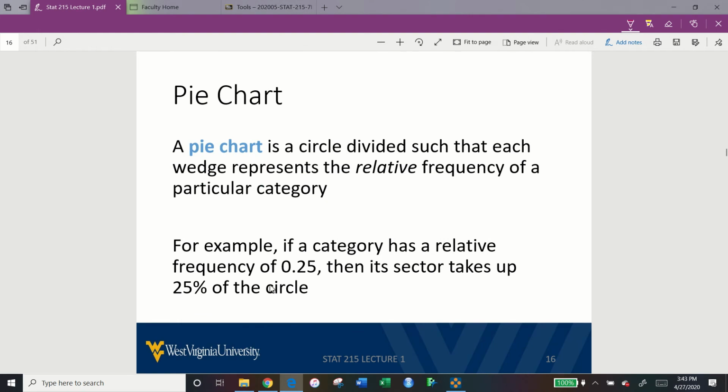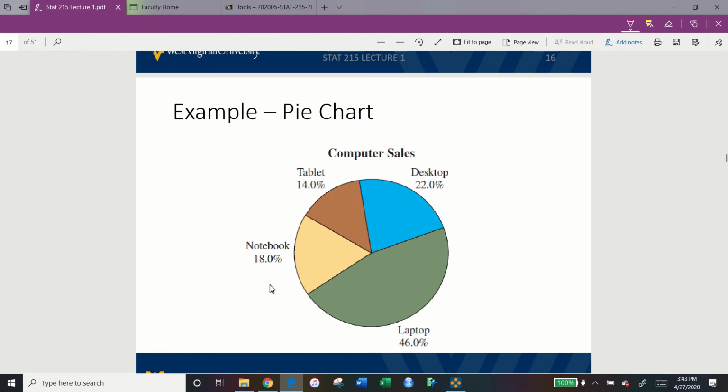So a pie chart is a circle divided such that each wedge represents the relative frequency of a particular category. For example, if a category has a relative frequency of 0.25, then its sector takes up 25% of the circle.